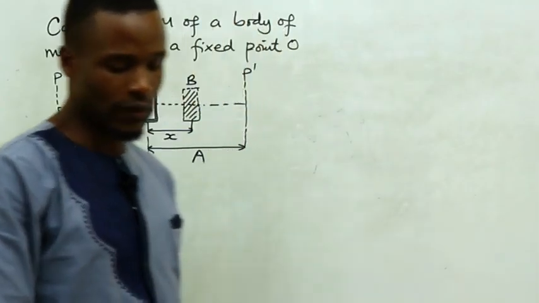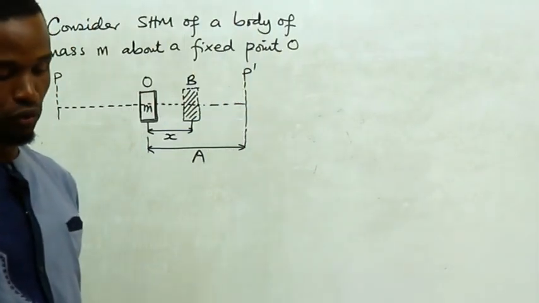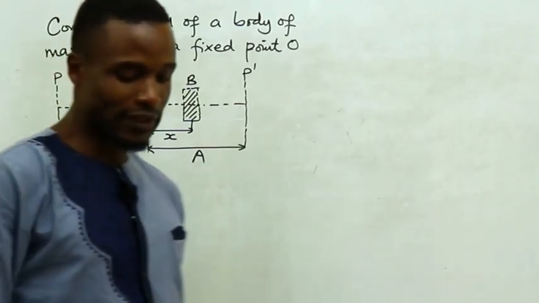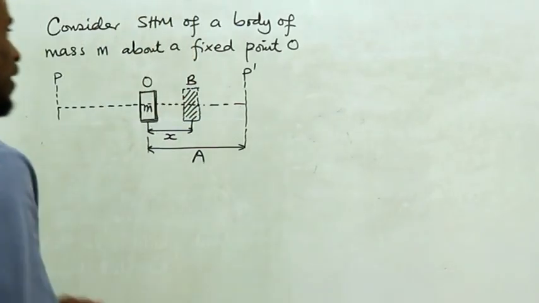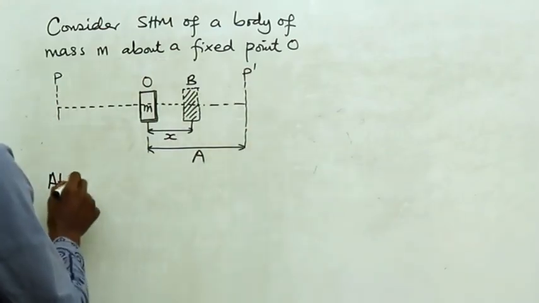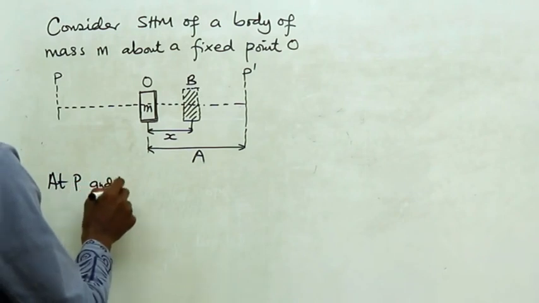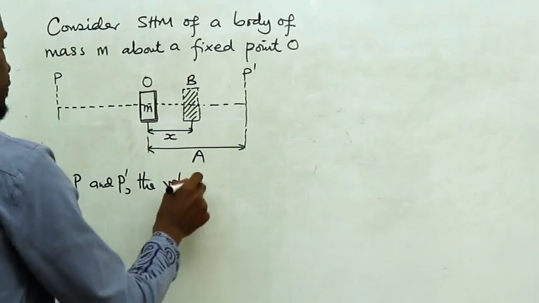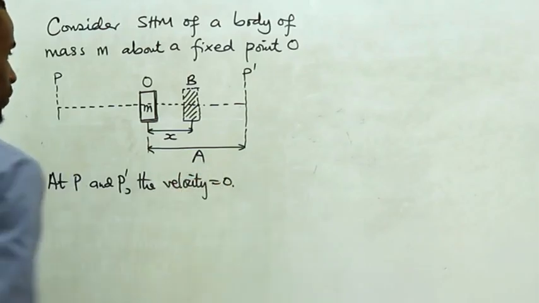This process continues as the particle oscillates about O. So at points P and P prime, the particle will have 0 velocity. Please observe that at the ends here, at P and P prime, the velocity is 0.